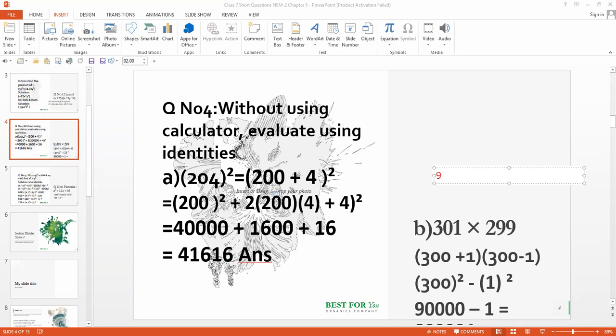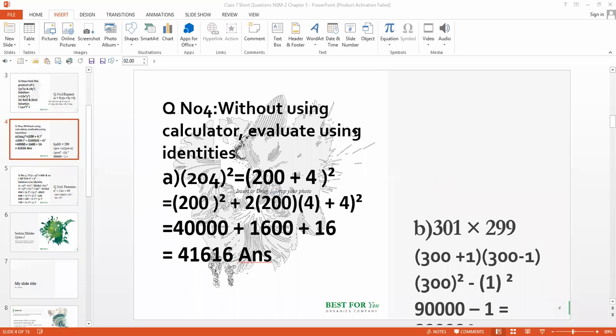So how many zeros are remaining? 3. So I have to put 3 nines again. And this first 9 becomes 8, because it gives 1 to these zeros. So it becomes 89,999. Clear? Clear to all? So just I have to remove this.